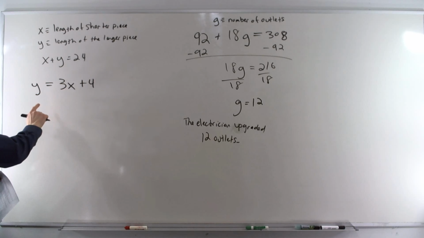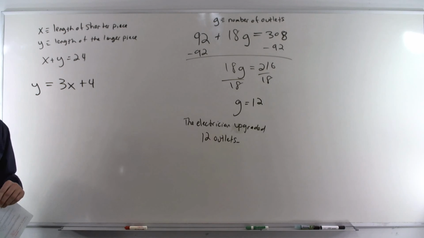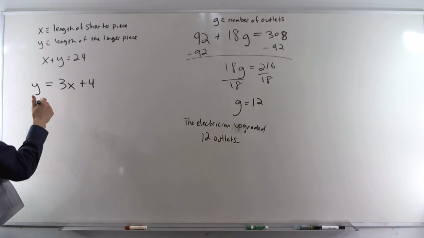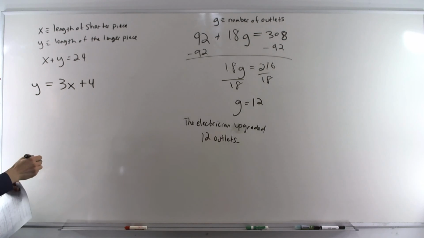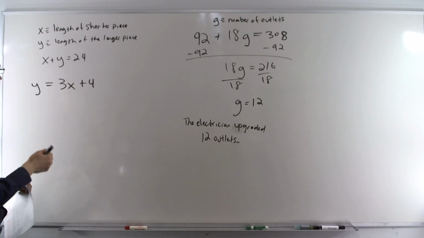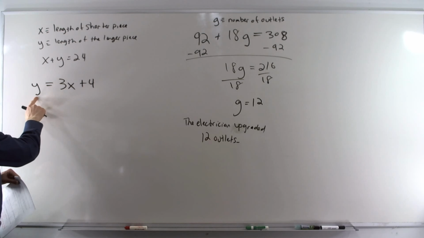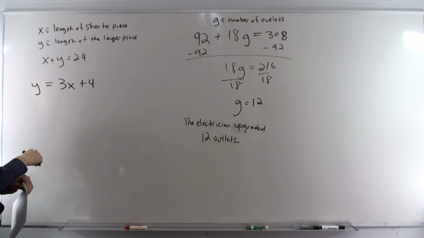Now, just like the other example, we have two unknowns in one equation, so this cannot be solved. But we've got this equation up here, x plus y equals 24. We can use that to substitute for one of these variables. I've got y over here by itself. It'll be easiest to substitute in for y, because then we don't have to distribute.